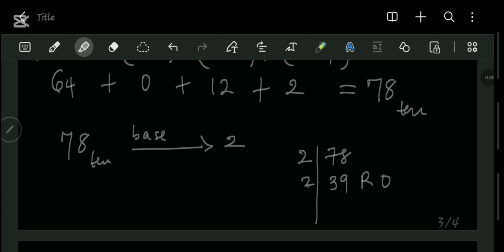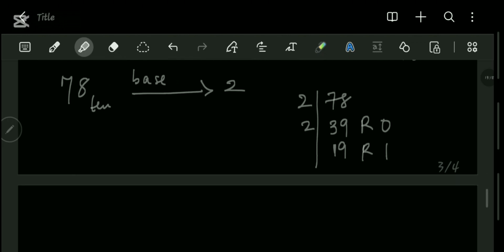And when 2 goes in 39, that's 19, because 2 times 19 is 38. So 38, remainder 1, right? Remember, we are dealing with base 2, which means all the remainders must be less than 2.